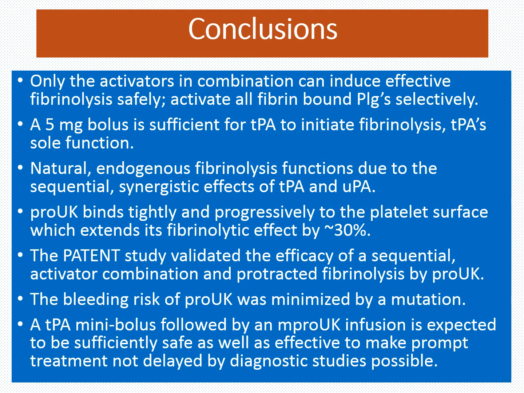The endogenous fibrinolytic paradigm involves the sequential synergistic effect of TPA and uPA. Pro-UK's rapid and tight binding to platelets prolongs its fibrinolytic effect significantly and may make a 90-minute infusion optimal.